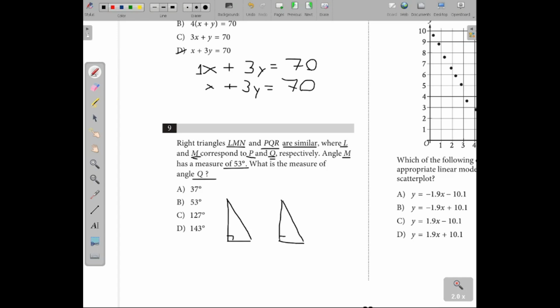I know my drawing isn't to scale, but it has to be 90 degrees, and we have that L corresponds to P and M corresponds to Q. So they tell us that angle M is equal to 53 degrees.